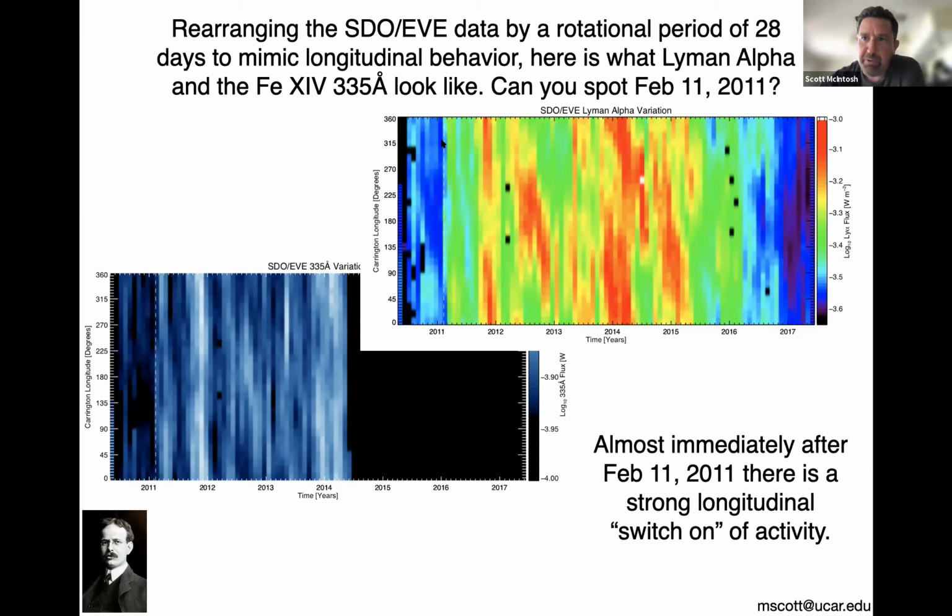So the atmosphere responds basically in one rotation. There's a similar analog on the back end. Might not get onto that, but there's actually a switch off too, which is quite curious.